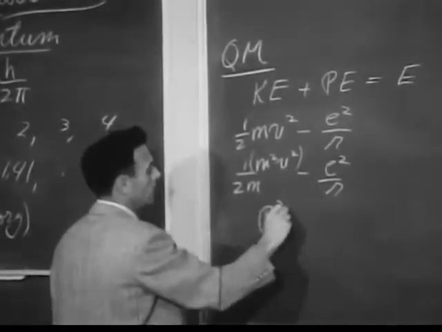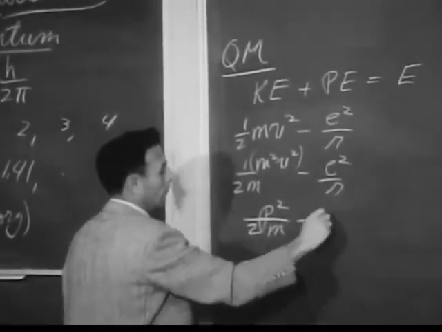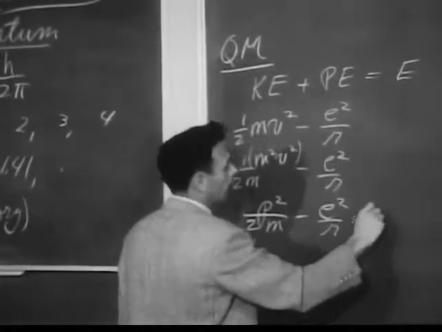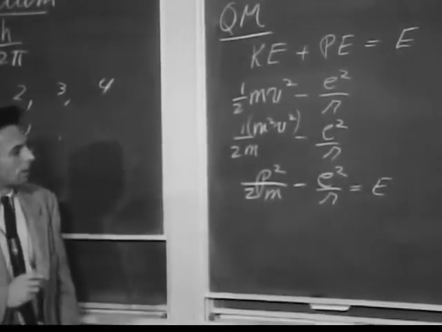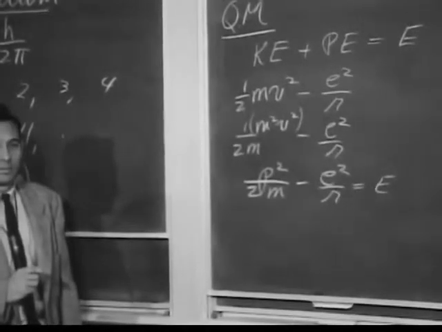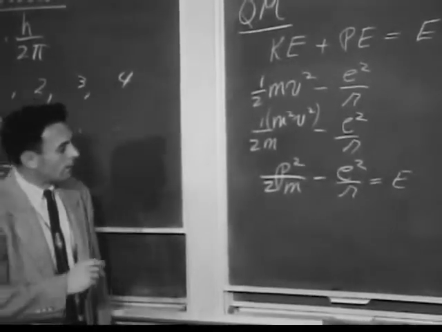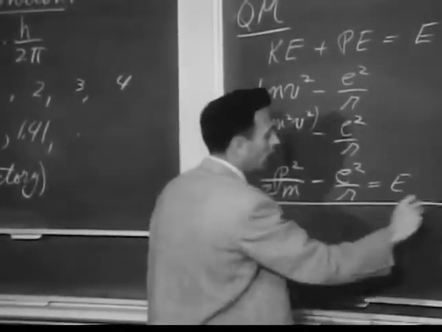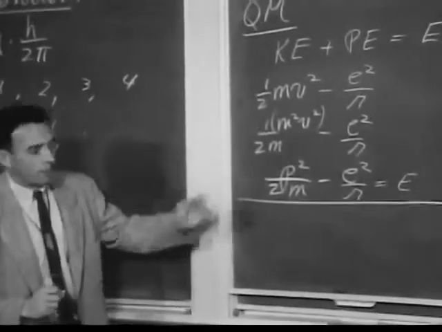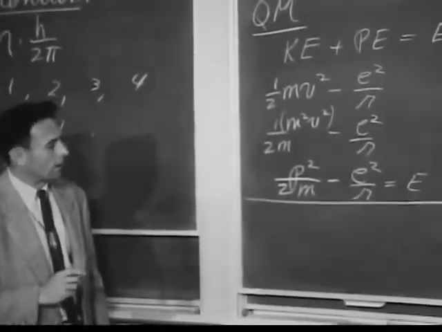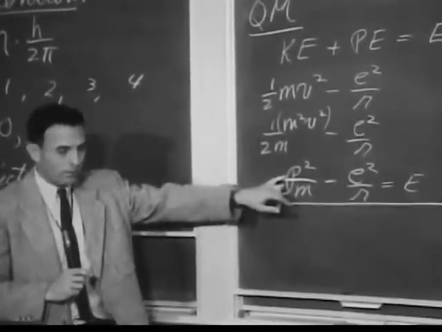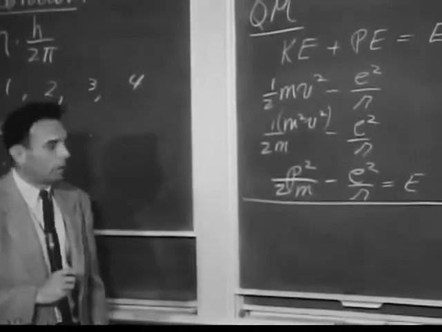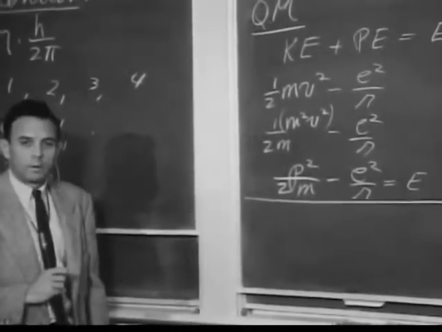And I'll write that as p squared over 2m minus e squared over r equals E. This represents then the classical description of the motion of an electron. Now, quantum mechanics can be connected very simply to the classical equations merely by replacing the momentum, wherever it appears in this equation, by an operator of a differential form.